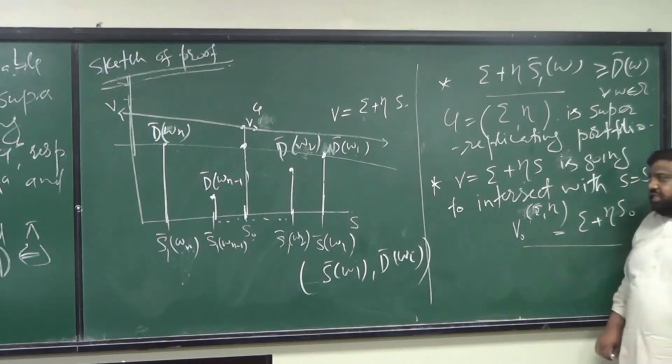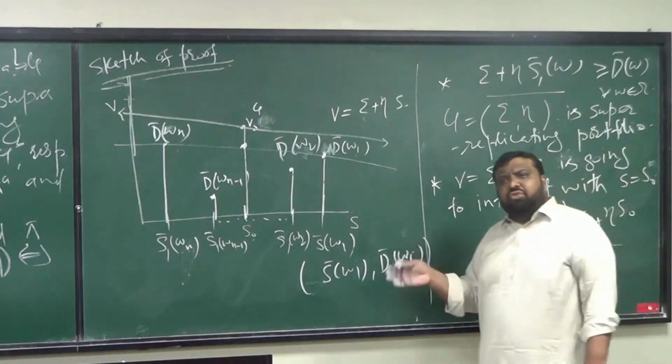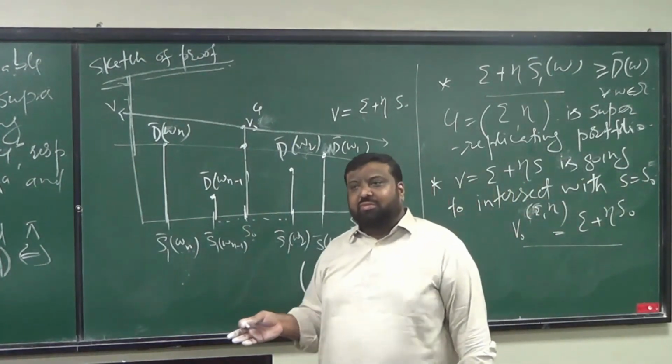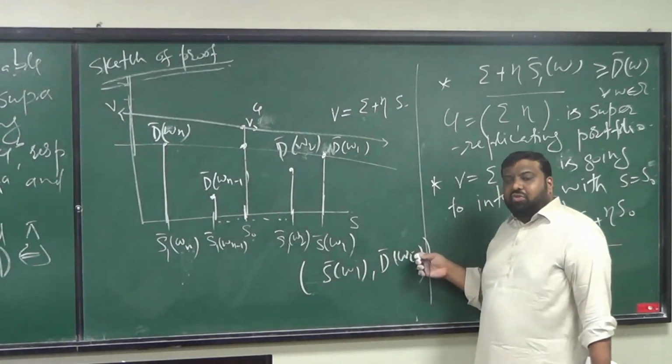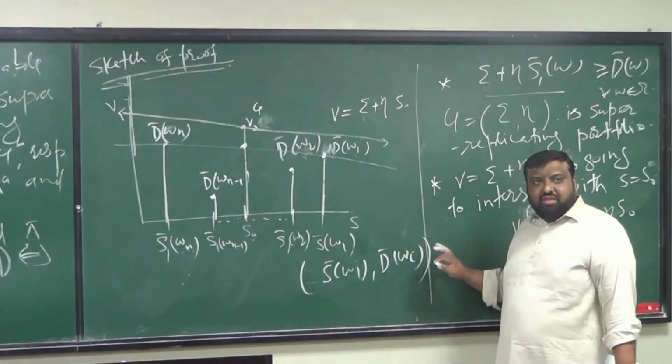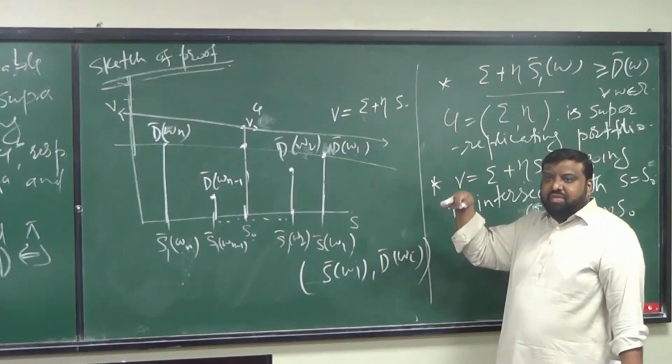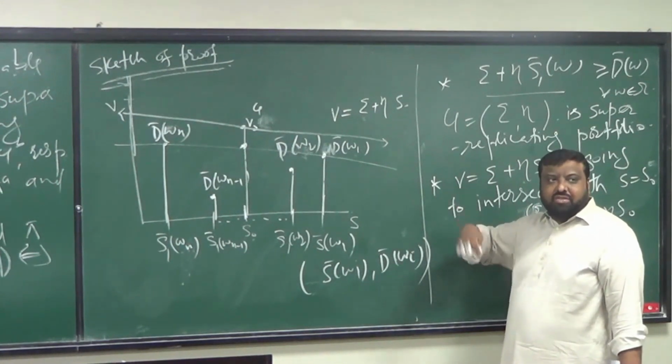Without getting into the details, what do you think we should do the other way around? What should be the other way around? So for the bid price, what we need to do, we have to be below all of the points.